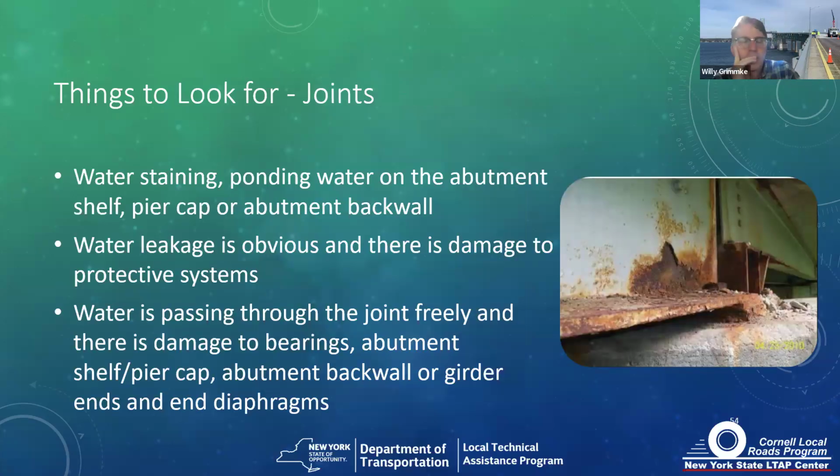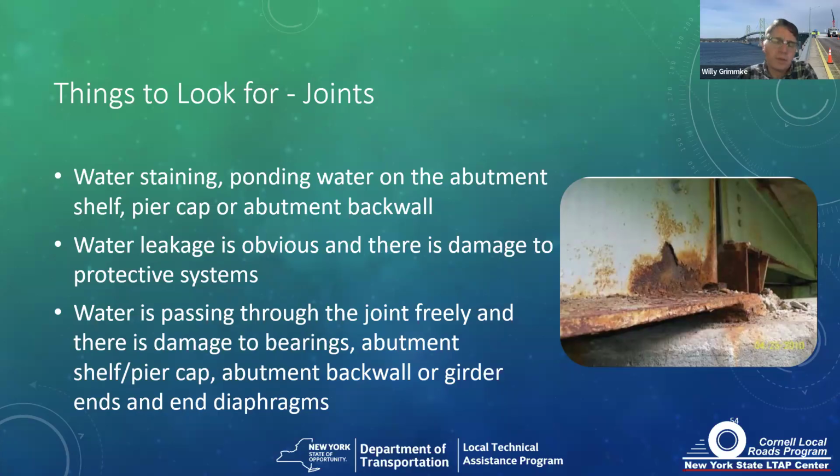Joints. So there are two kinds of joints. There are those that are leaking and those that will. So you want to go take a look at your joints, because basically leaking joints will ultimately lead to some kind of superstructure damage.